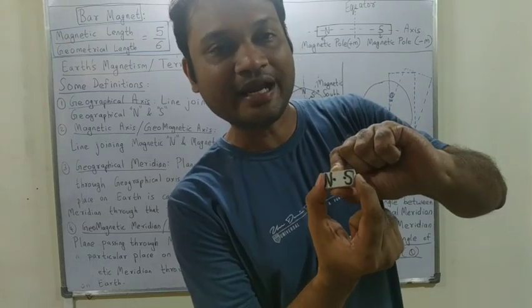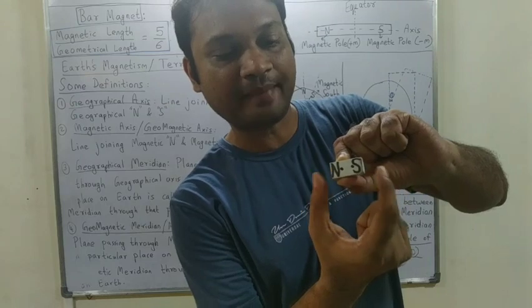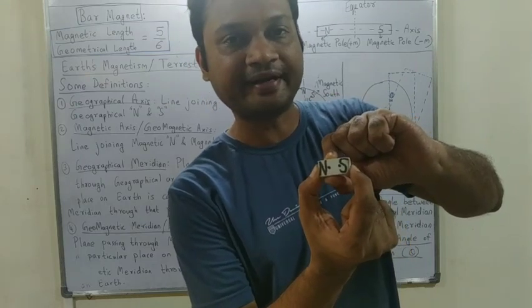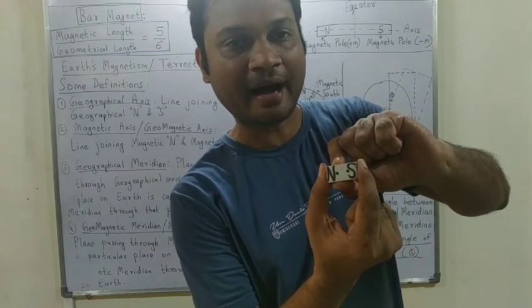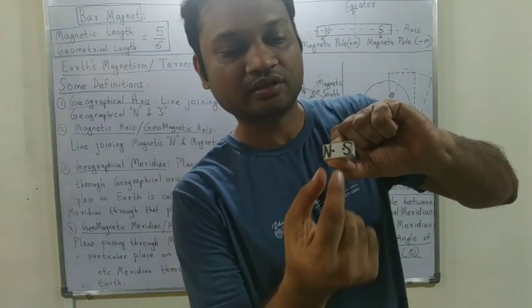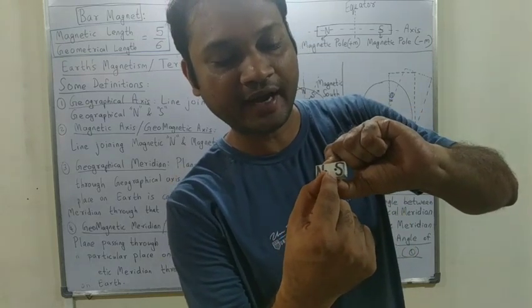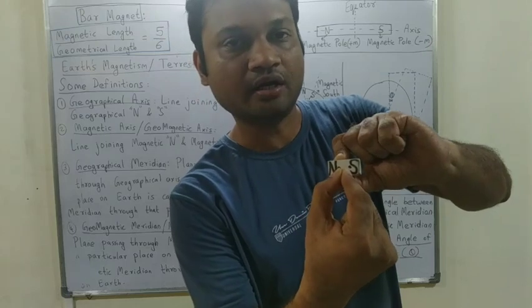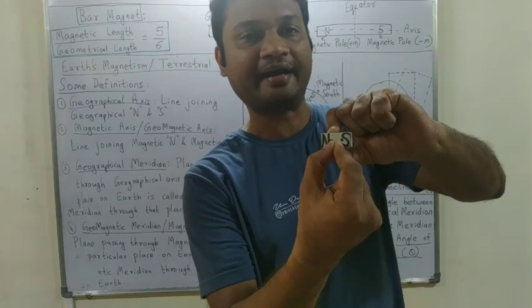Whereas the total length of the magnet is called geometrical length.